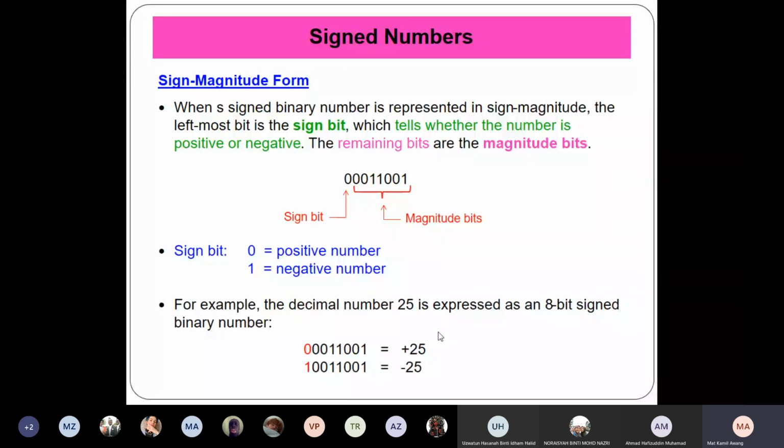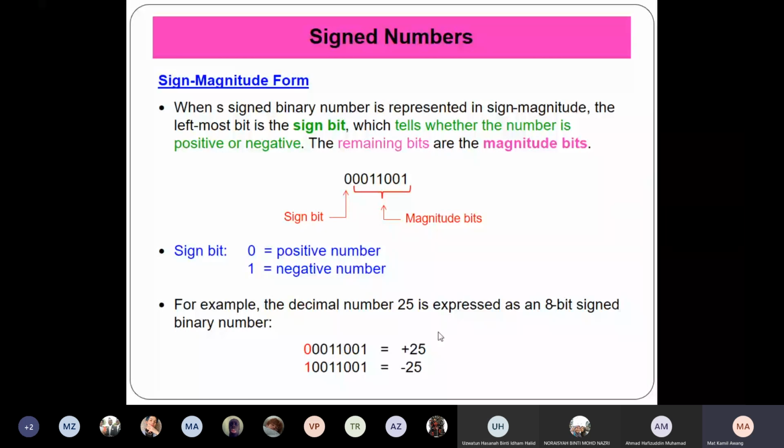This is in the form of sign magnitude form. You have a sign and you have the magnitude. When a signed binary number is represented in sign magnitude, the leftmost bit is the sign bit. So there is one bit, the sign bit, which tells whether the number is positive or negative. And the remaining bits are the magnitude bits.